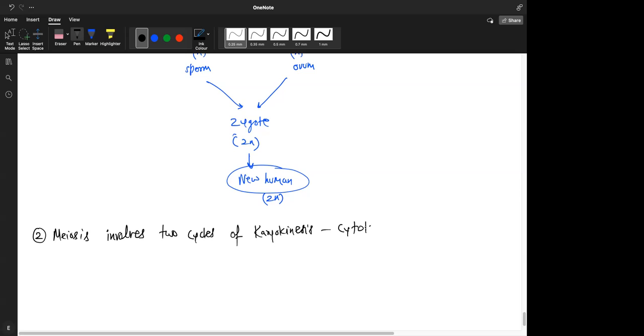So nuclear division and cell division, right? By now this term is in your memory, right everyone? Maha, Ira, Maisha?